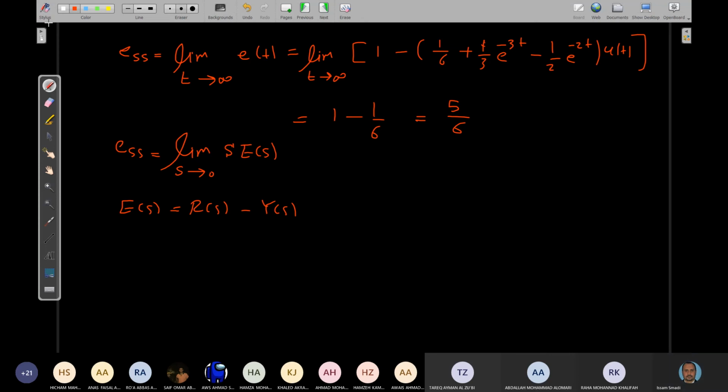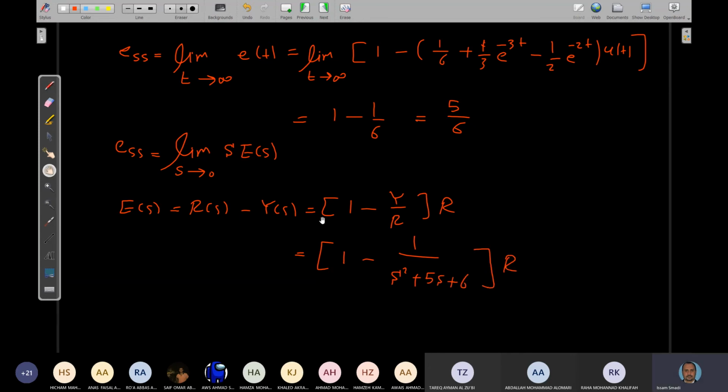Okay. Now, if I simplify this one as 1 minus y over r multiplied by r, correct? I'm taking r as a common factor, yeah? So this will equal to what? 1 minus y over r was 1 over s squared plus 5s plus 6 multiplied by the r.